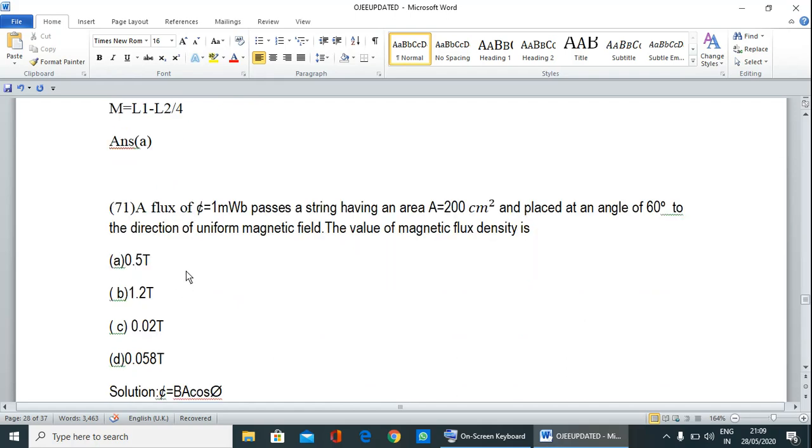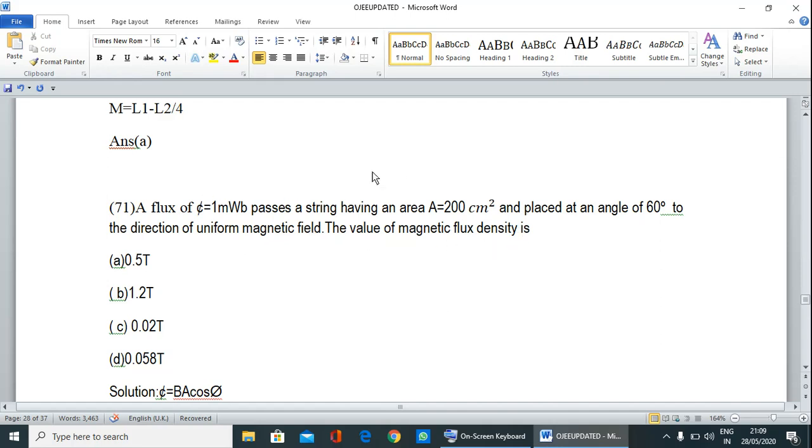Next question, a flux of phi is equal to 1 milliweber passes a string having an area A is equal to 200 centimeters square and placed at an angle of 60 degree to the direction of uniform magnetic field. The value of magnetic flux density.